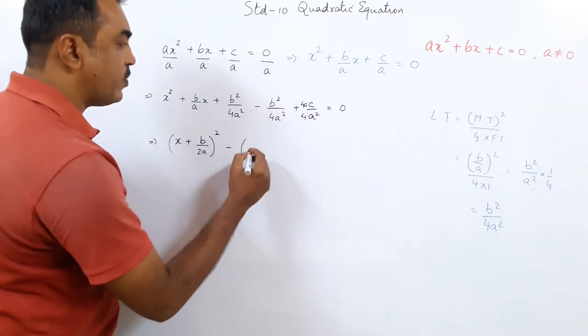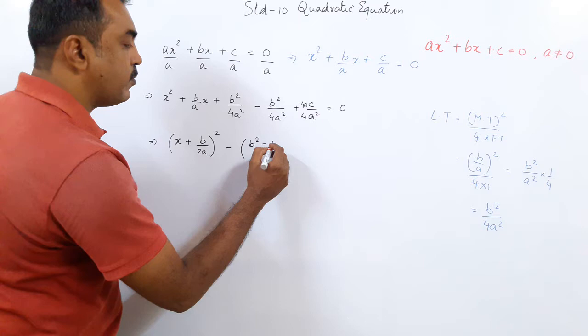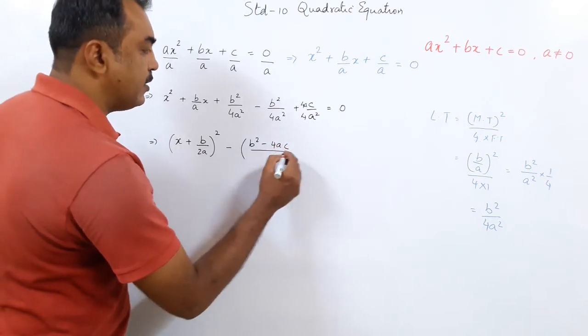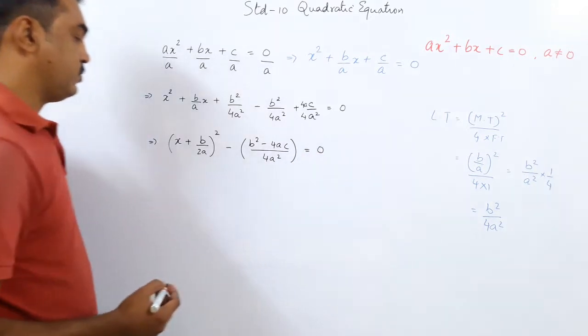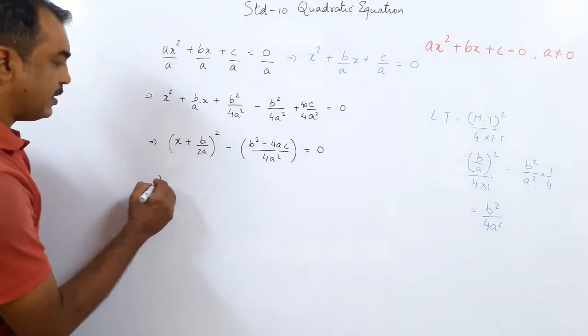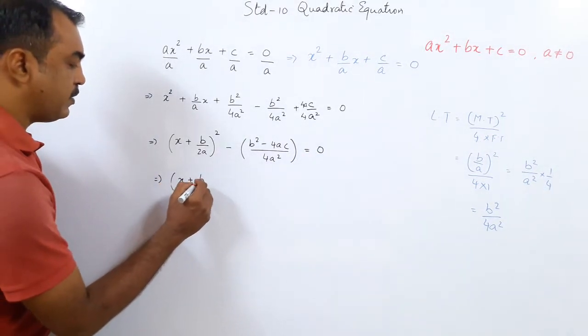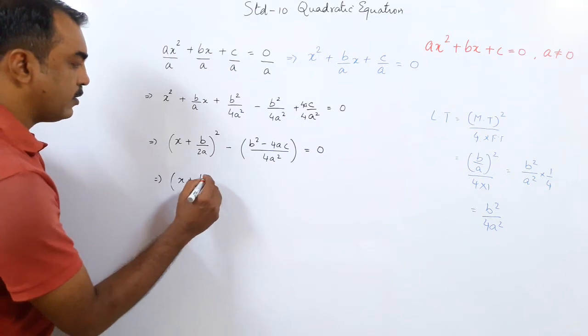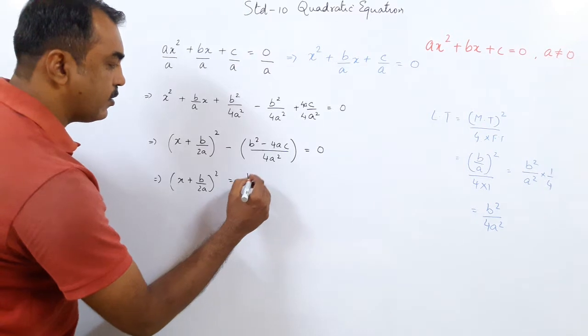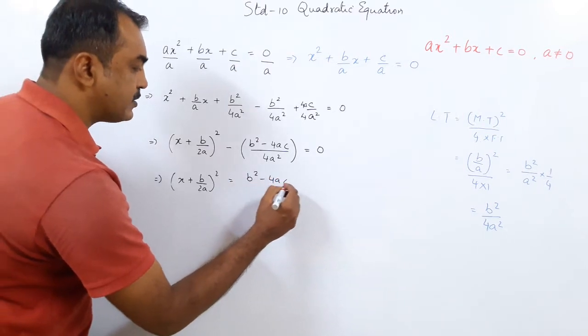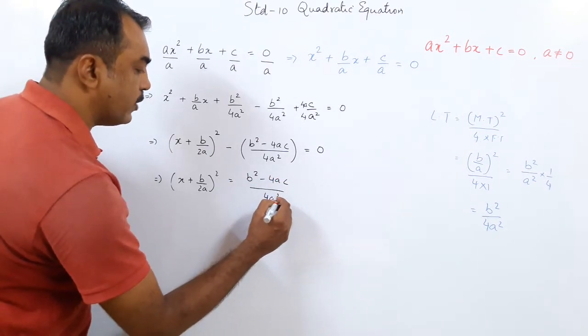So if I take the minus common outside it, b square minus 4ac upon 4a square equal to 0. So I get x plus b by 2a the whole square equal to, goes on this side, b square minus 4ac upon 4a square.